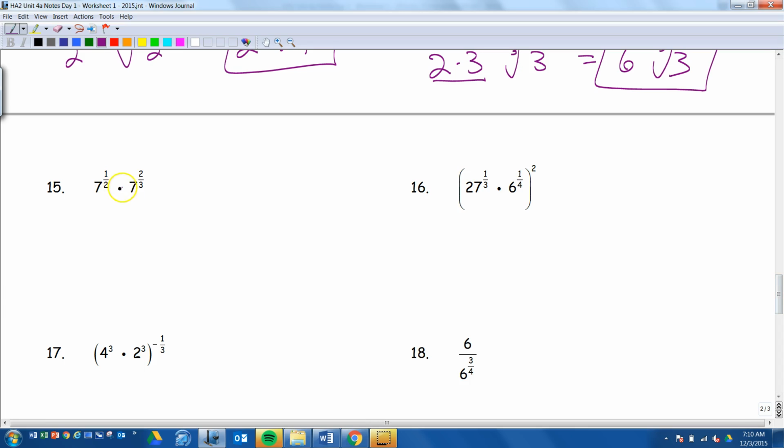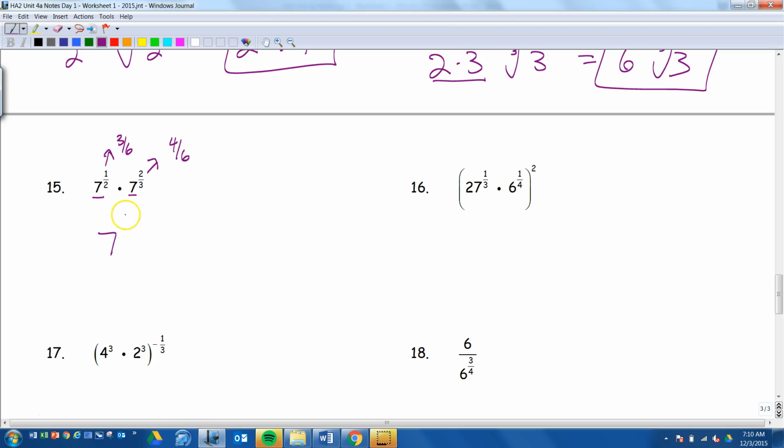Alright, 7 to the 1/2 times 7 to the 2/3. Common base. If you multiply bases, you add exponents. In order to add exponents, though, you need a common denominator. We just went through adding. 1/2 is the same thing as, we can get it into sixths, 3/6. 2/3, if you multiply both of them by 2, you get 4/6.